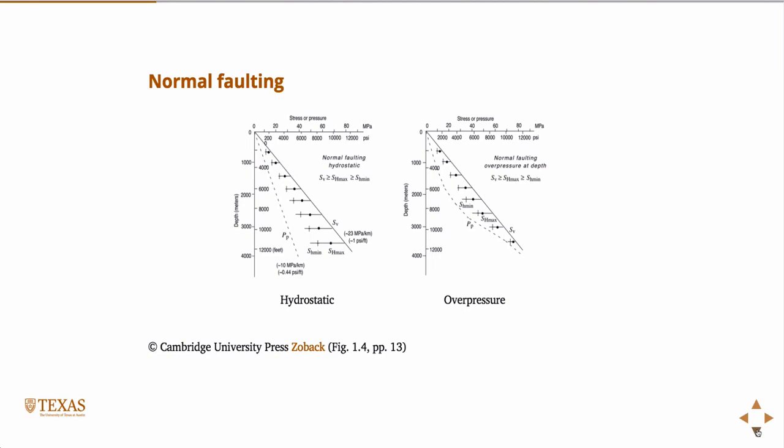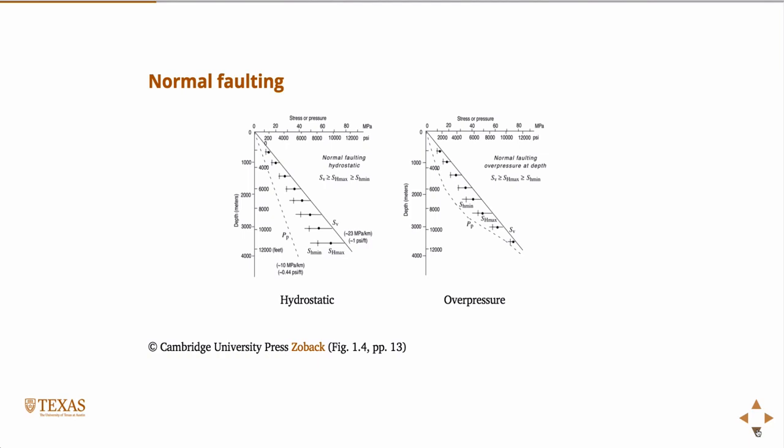We haven't really talked about that yet, but we'll see very soon that the difference in principal stresses is a bound on the strength of the rock, because if those two are too far apart, then you'll exceed the compressive strength of the rock and actually fail it in that way. So that's why you see, but they can move along this bound a little bit. Okay, so this would be for the hydrostatic case.